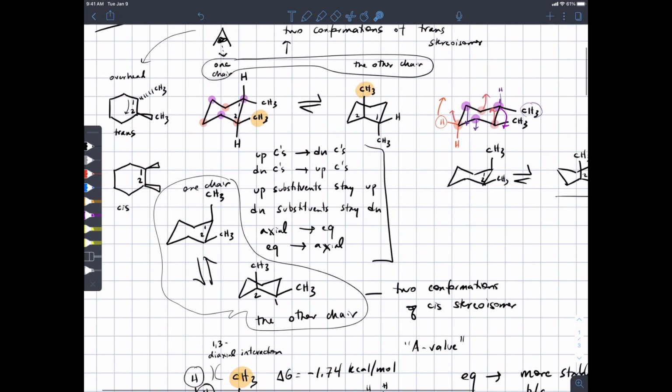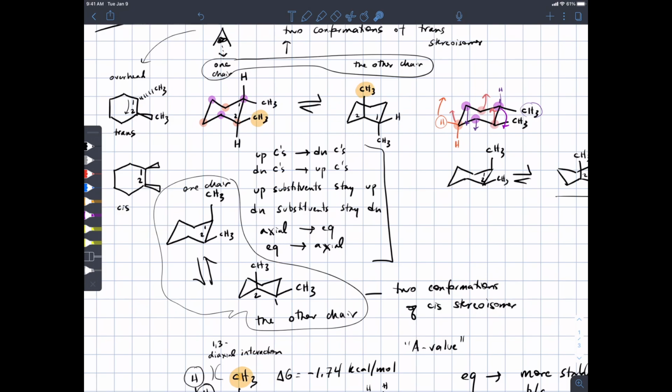But for example, this would allow us to easily predict the relative energies of these 2 chair conformations for the trans dimethylcyclohexane. So you've got one chair versus the other chair for the trans stereoisomer. Which is more stable, the one chair or the other chair?